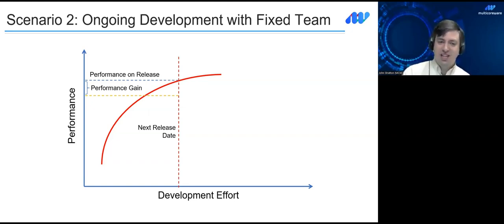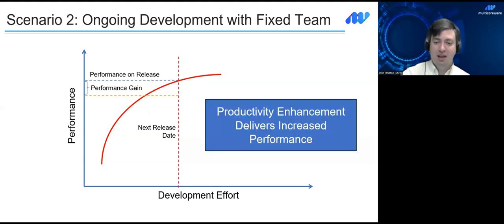Increasing productivity in an environment like this actually gets you more performance of your product on release by increasing the productivity of your team while they are working on the performance optimization of that product overall. So perhaps a little bit non-intuitively, productivity enhancement in this idealized scenario can deliver increased performance.